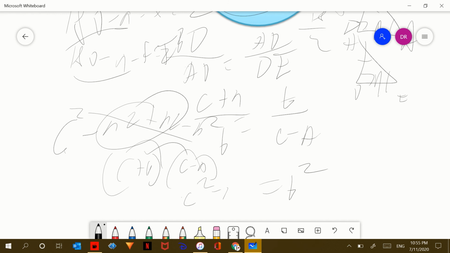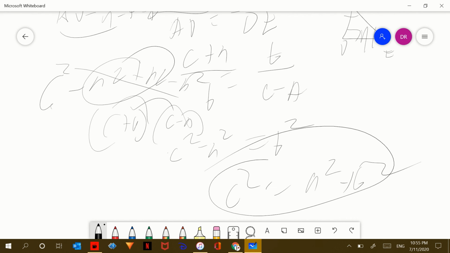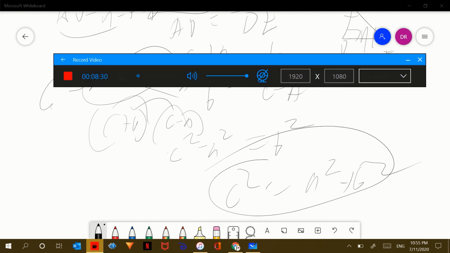And then when you add A squared, you get C squared is equal to A squared plus B squared. So you've successfully proved the Pythagorean Theorem using similarity. Good job.